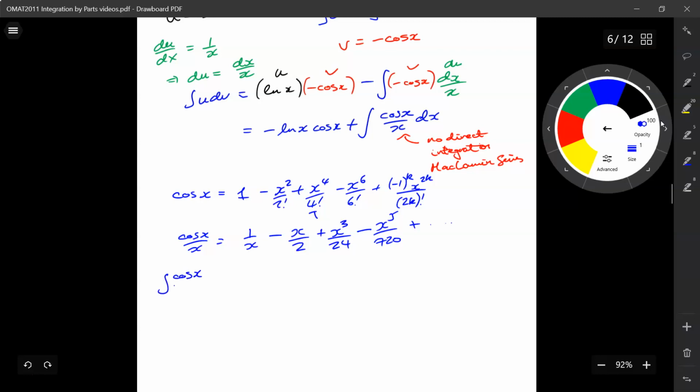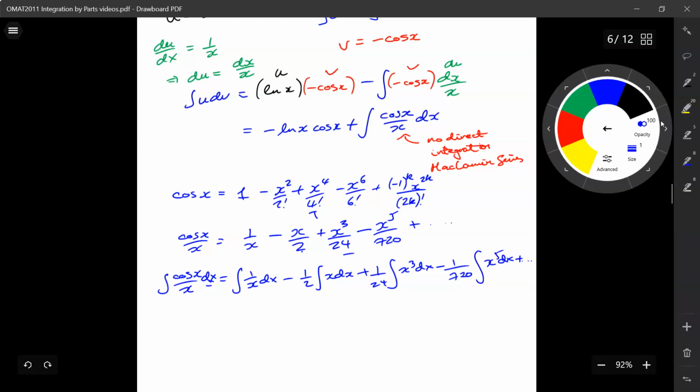So the integral of cosine x divided by x is the integral of 1 over x dx. So I need a dx there. Minus a half times, I'll take the 2 out here, x dx. Plus 1 over 24, I'll take the 24 out, x cubed dx. Minus 1 over 720 times x to the 5 dx, and so on.